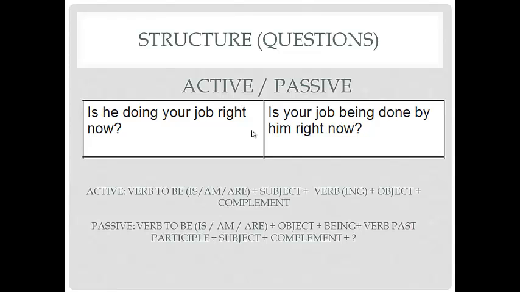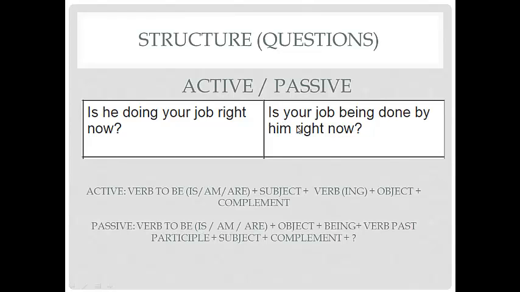Then in questions, what we do in active voice is move the verb to be, which is the auxiliary, to the beginning. Is he doing your job right now? In passive, we move the object, which is your job, but we also move the auxiliary verb to the beginning.